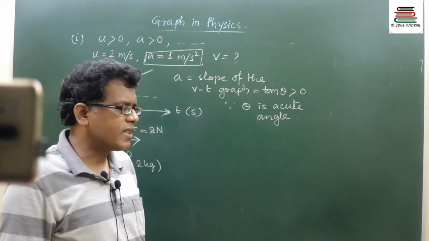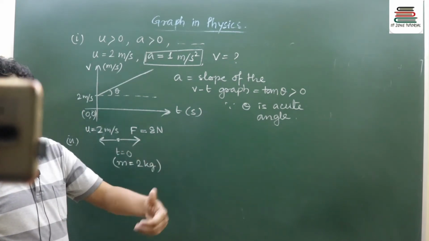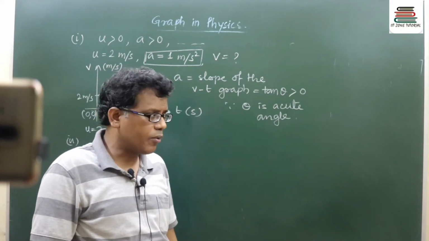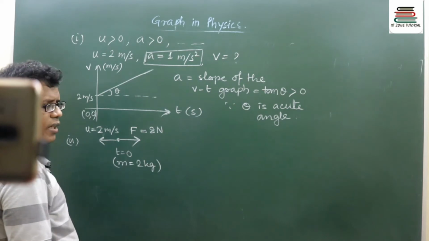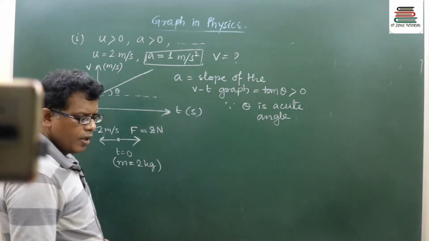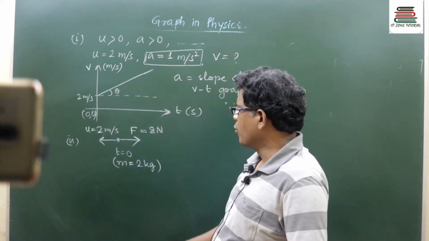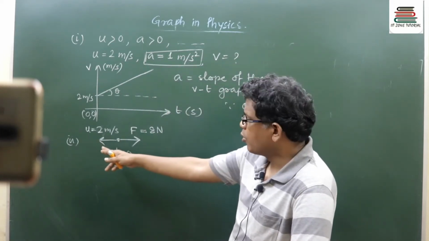These are the information given. So a particle is starting with an initial velocity of 2 meter per second, but a force is applied in a direction opposite to the initial velocity. Then what will happen? Will the particle be able to move continuously leftward? The answer is no, because the force is acting in a direction opposite to the motion.